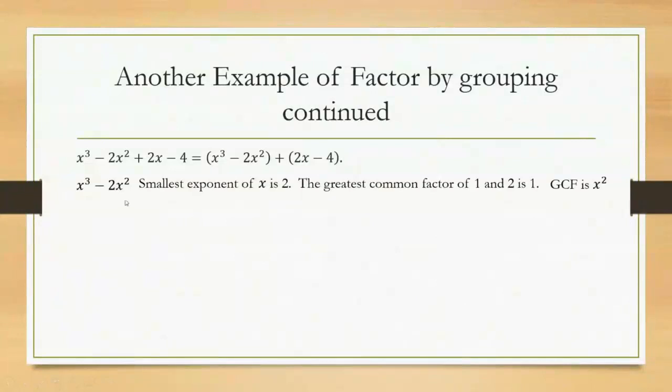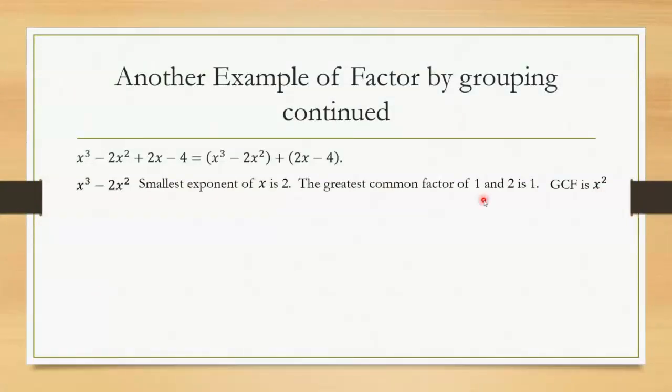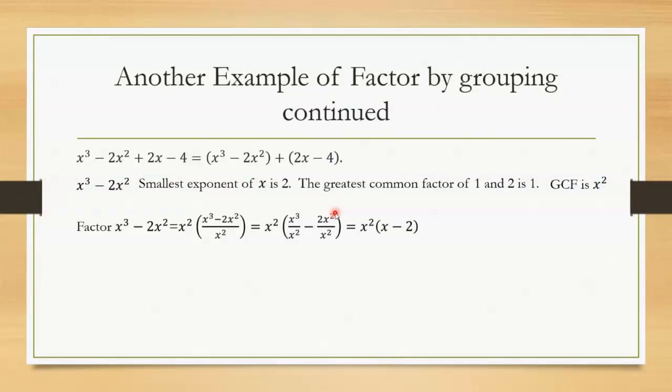So basically what we get here is that the GCF is x squared. Again, the smallest exponent of x is 2. The greatest common factor of 1 and 2 is just 1, because the only factor of 1 is 1 itself. If you were to list the factors of 1 and 2, you would see the only common factor is 1. So we factor out x squared, and that's what I'm doing here.